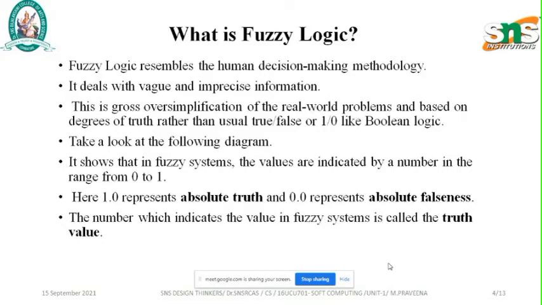Similarly, 0 represents absolute falseness. 1 means absolute truth, 0 means absolute falseness. The number which indicates the value in a fuzzy system is called the truth value.